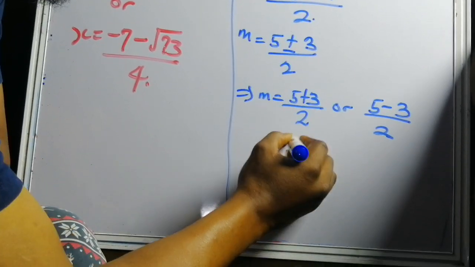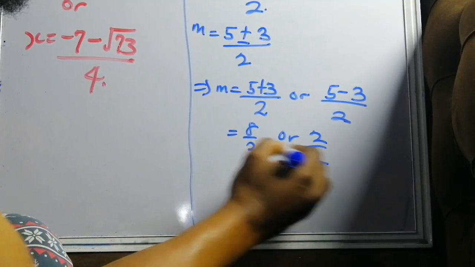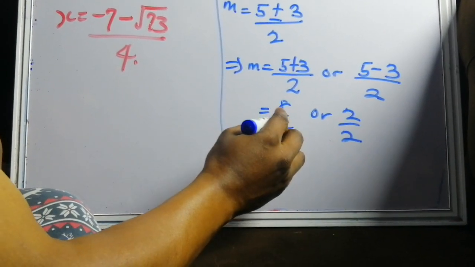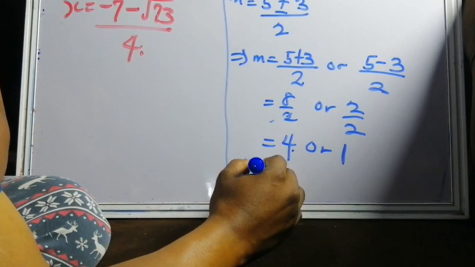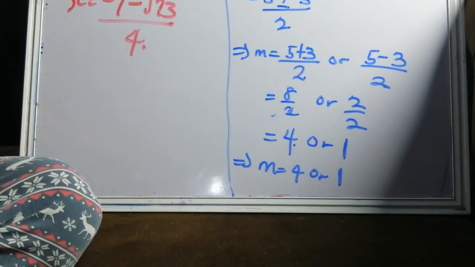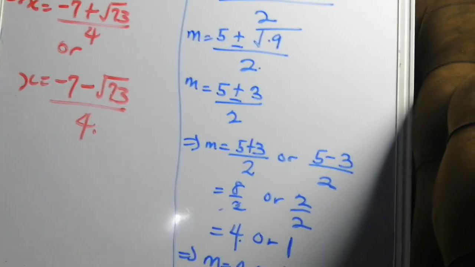So which means that this is 8 over 2 or 2 over 2. So it means that this one is 4. 2 here 1, 2 here 4, or 1. So this implies that m equals 4 or 1. It's as simple as that. So that is using quadratic formula.